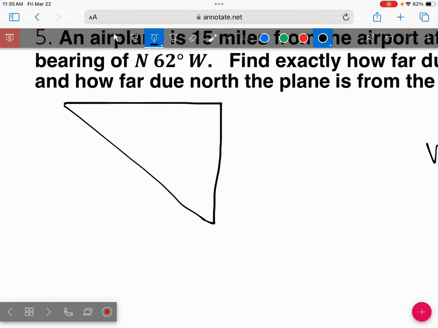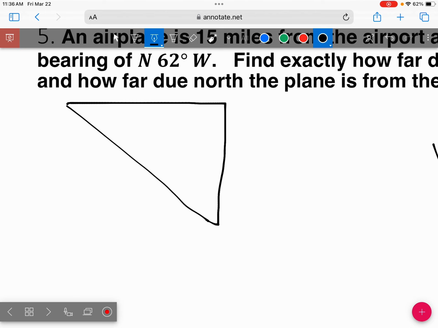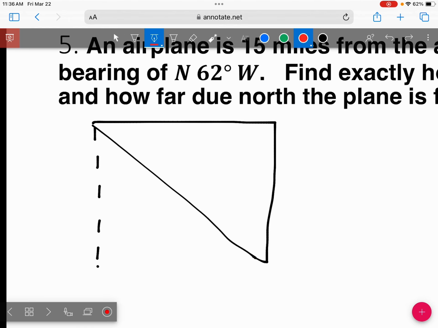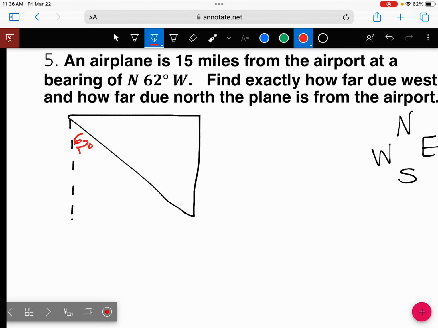Right here, so northwest. And then I'm going to just draw, because our bearing has to be right here. So that 62 degrees is going to be on the outside.